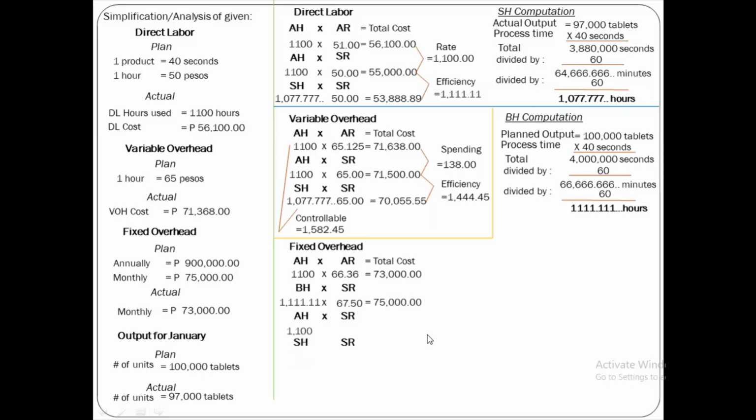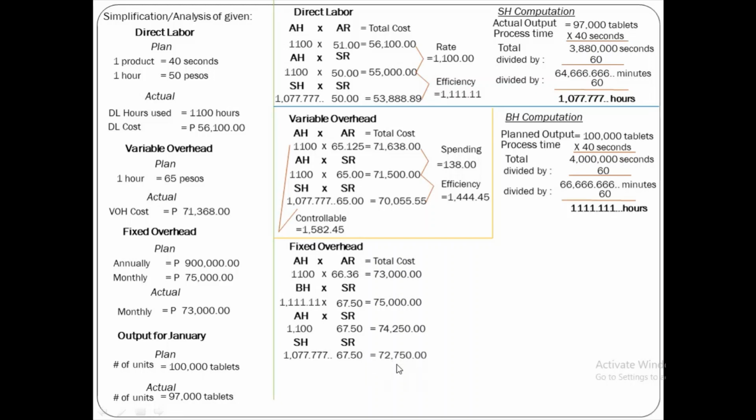And then we have 1,100 in here times 67.50. This is just copied from here, and then we're gonna have 74,250, and the standard hours is 1077.77 as computed here, times 67.5.